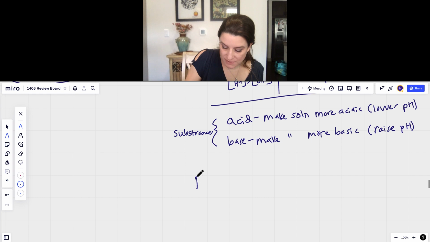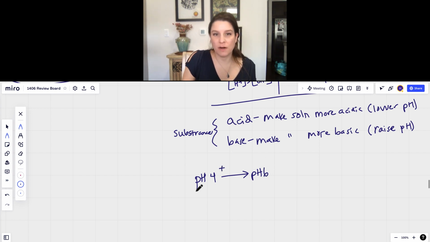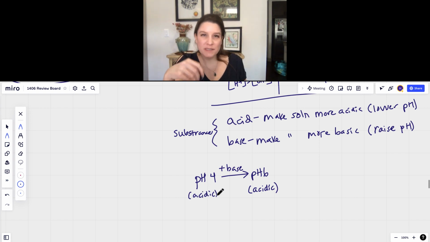So if you had a solution with a pH of 4, and then it turned into a pH of 6, what did you add to it? Well, you are increasing the pH, making it more basic, so you must have added a base to it. Interestingly, look at this though, the pH is still acidic. So it starts acidic, it ends acidic, but you added a base. So adding a base doesn't mean it gets basic, it just makes it more basic than it was.